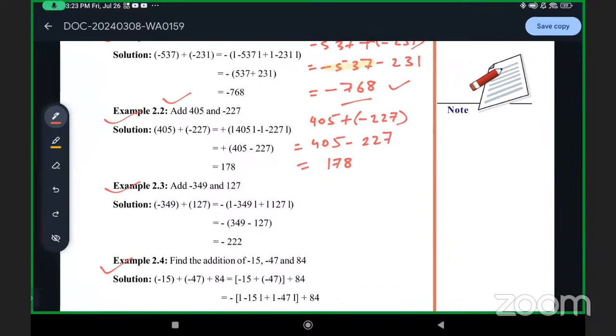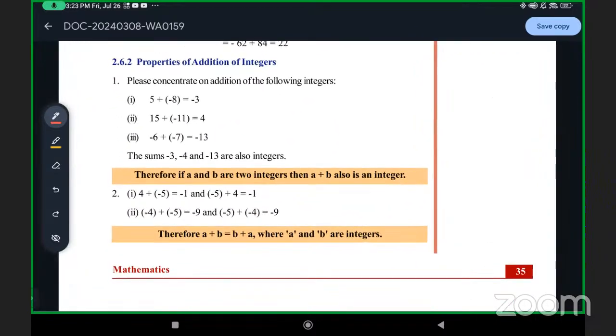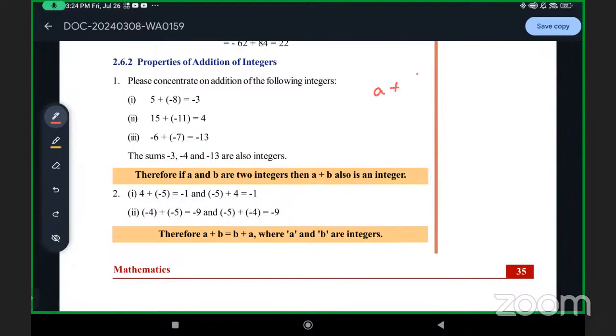Same method. Then we have some properties of addition of integers. If a and b are two integers, then a plus b will also be an integer. Suppose a is 4 and b is minus 2.